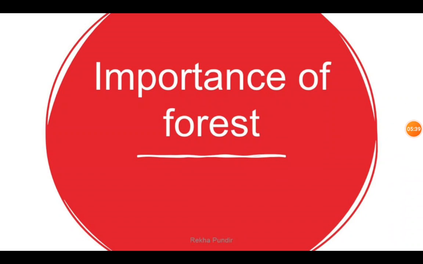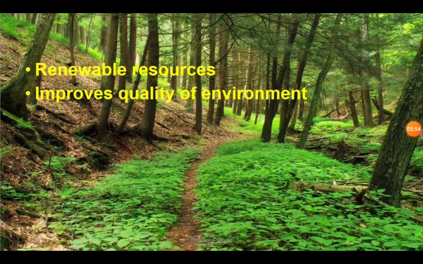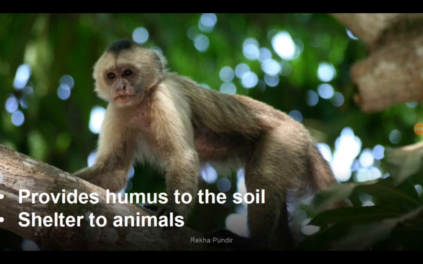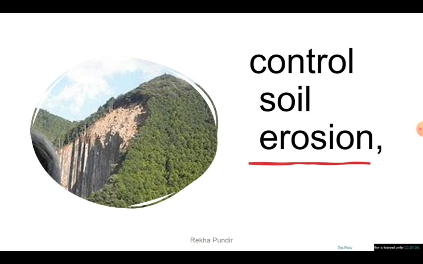Now the forest is very important for human beings. Forests are renewable resources, and they play a major role in enhancing the quality of the environment. They modify the local climate, provide humus to the soil and shelter to the animals.